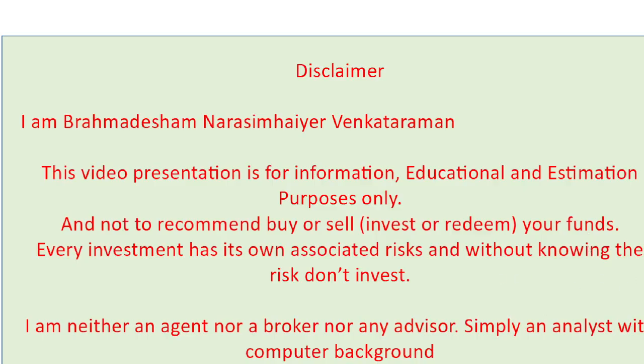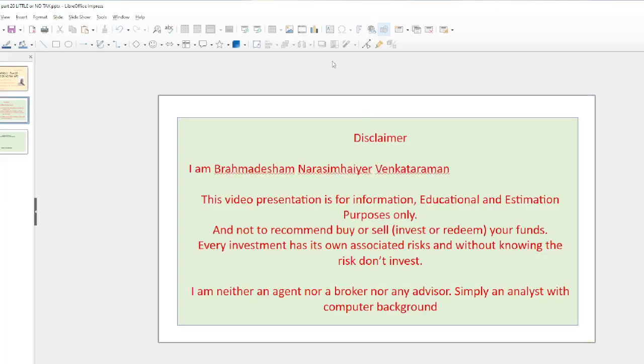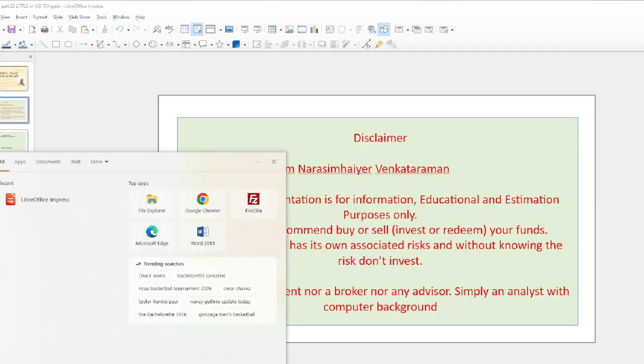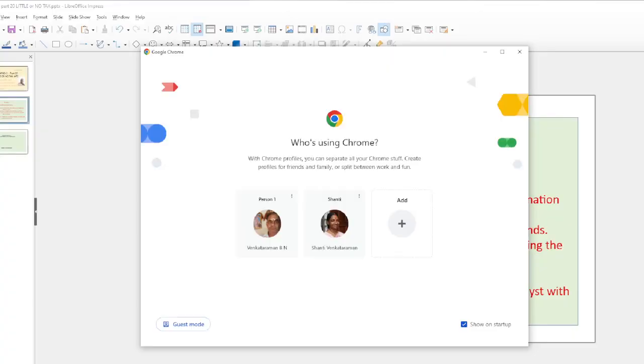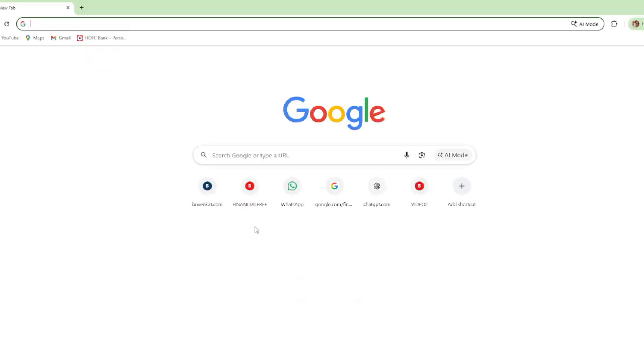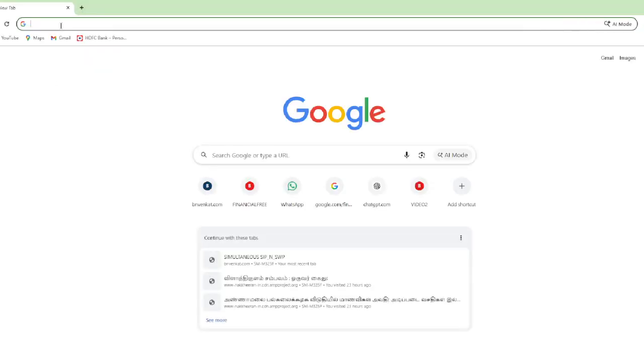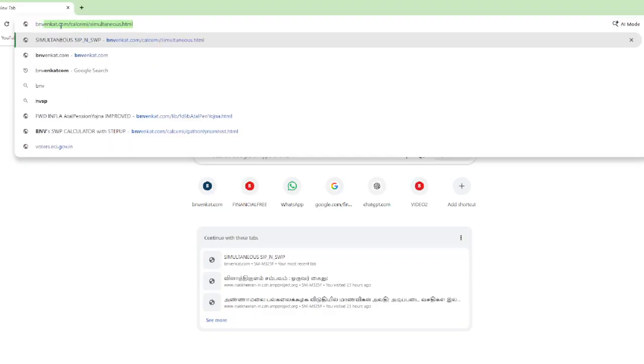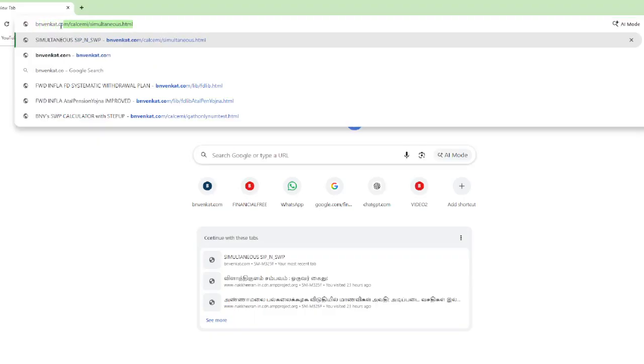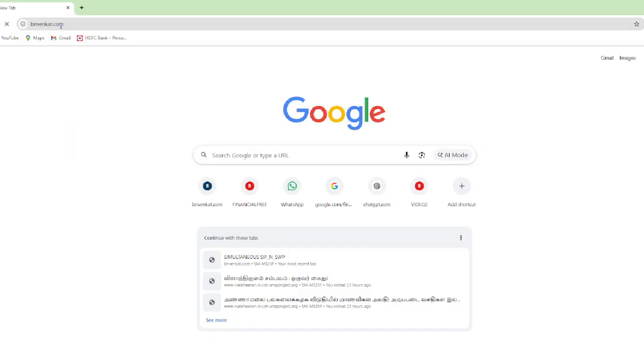Okay. Now let me go to the calculation part of it. So you go to the browser and type bnvenkat.com and go to the home page.